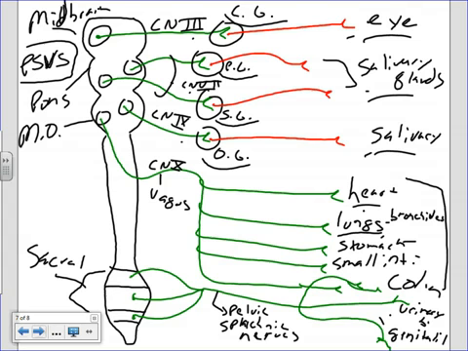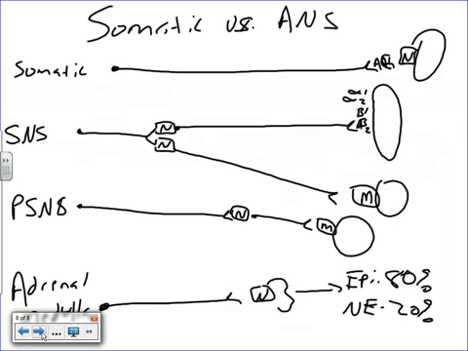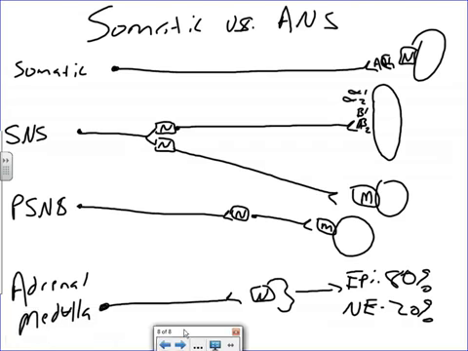Now, there are some differences if we compare and contrast, not just the somatic versus the autonomic nervous system, but also the different divisions of the autonomic nervous system. So first, let's take a look at, again, a somatic motor neuron.